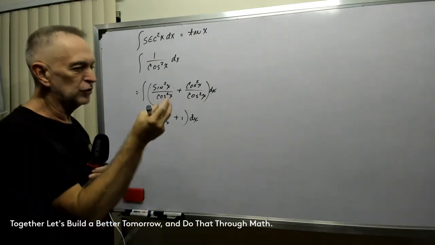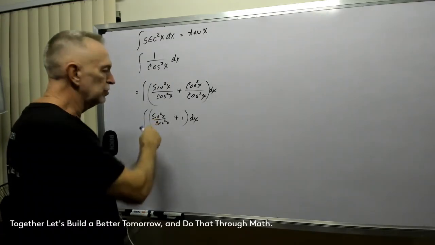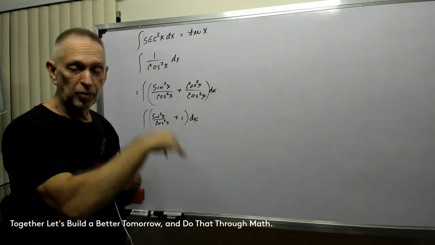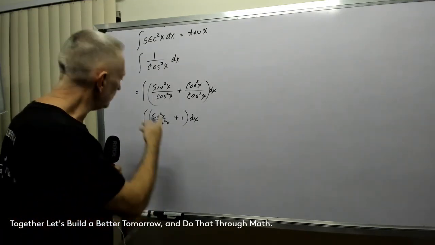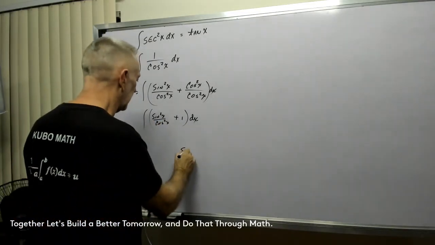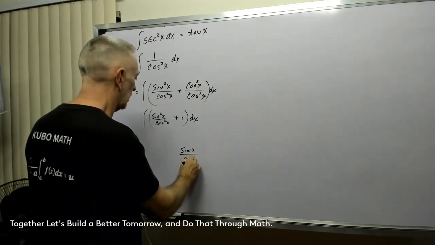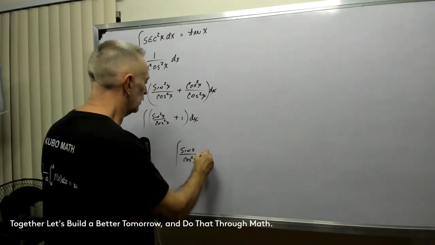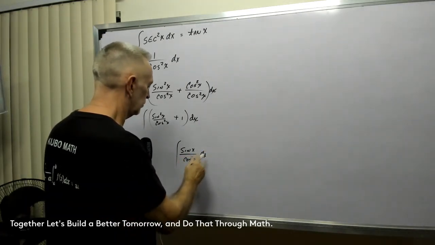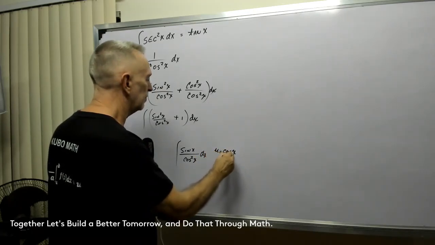So now you're down to this: if I had sine over cosine squared x, I know from previous problems we've worked that I could do a u-sub with that. So if I had the integral of sine x over cosine squared x with respect to x, I would let u equal cosine x.